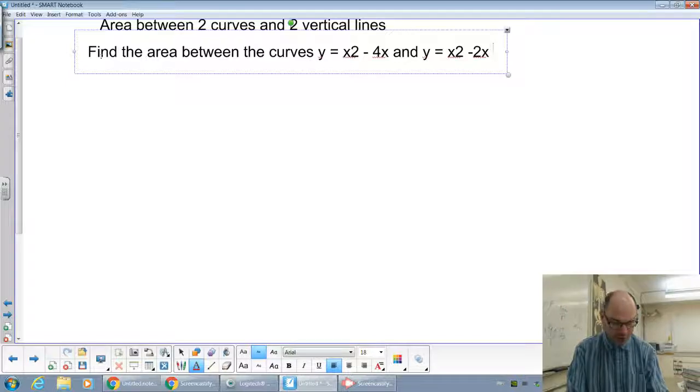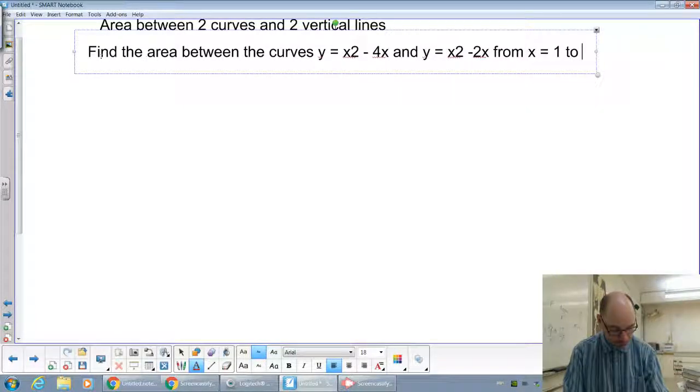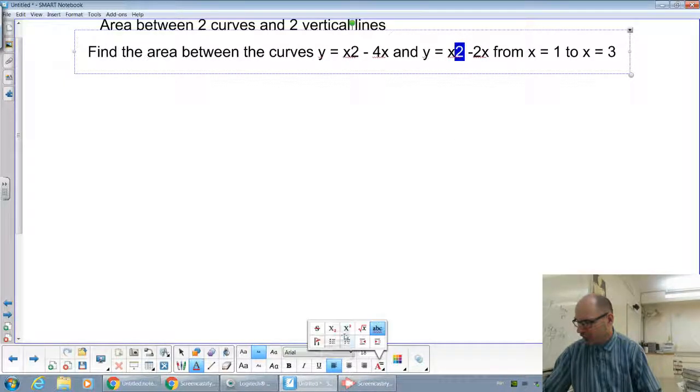From 1 to 3. From x, I should put in there x equal 1 to x equal 3. Shouldn't assume that you guys know that it's x's. Okay, so let's just put those squares in there.